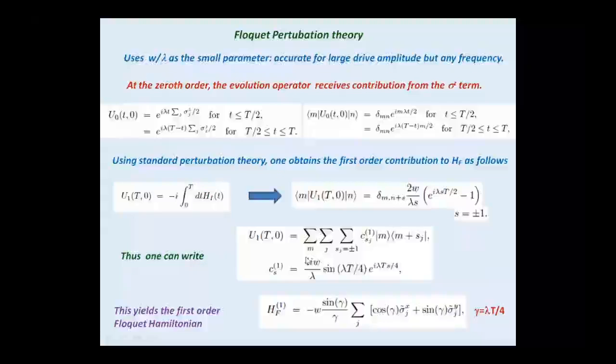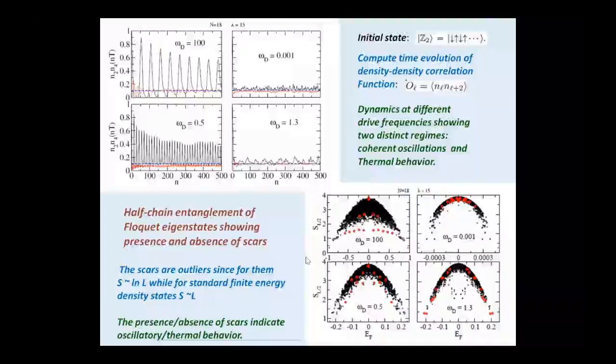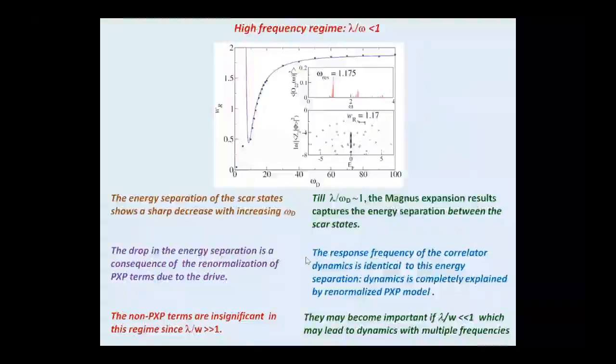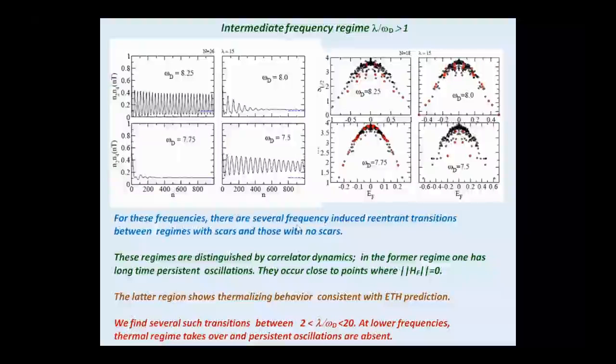Those are just energy separations between consecutive scars, and that's what controls the oscillation frequency in this region. It turns out that these scars are amazingly regular in frequency, and therefore you have only one oscillation frequency in this regime. Okay, so in the intermediate regime, something interesting happens.